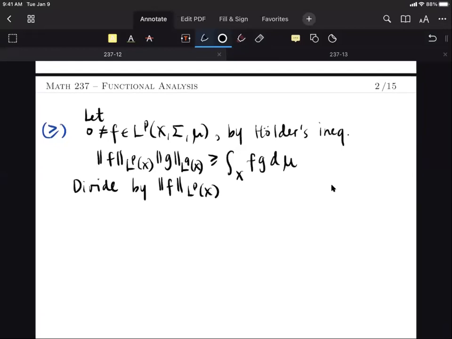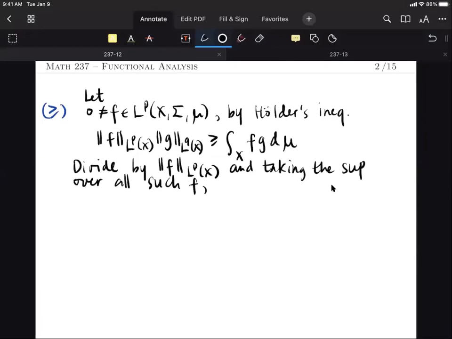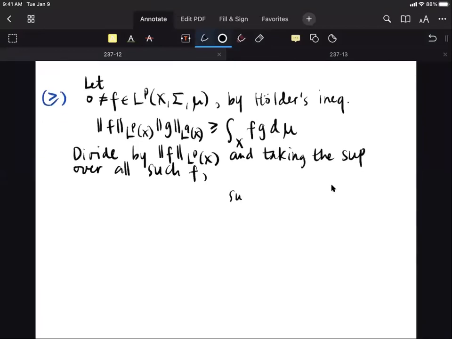So divide by f in LP and take the supremum over all such f, that is, the supremum over all f in LP that is not zero.